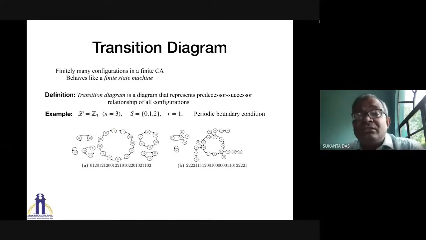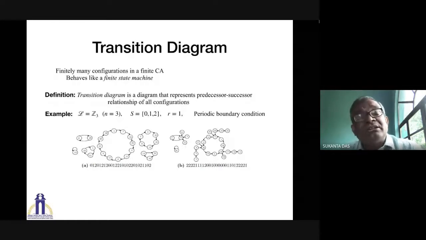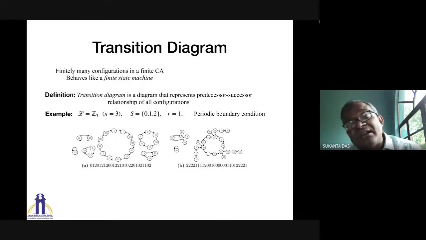When n is small and the number of states is not huge, the transition diagram is the best way to show the dynamical behavior of a cellular automaton. And obviously, if n is high, say k equal to 3 and n equal to 20, you'll have 3 to the power 20 configurations.